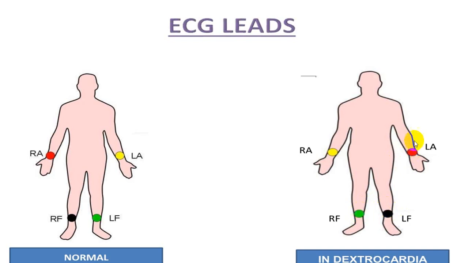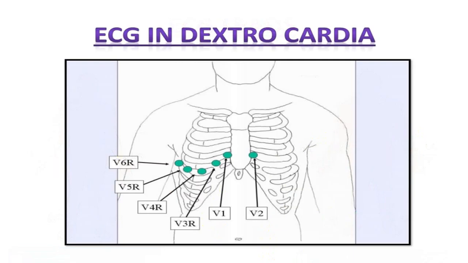But the leads are changed. So what changes do you get in an ECG? We'll show you that. And if you want to demonstrate that the heart is on the right side, you will have to take V3R, V4R, V5R, V6R. The R wave will gradually increase and this will tell you that the heart is on the right side.